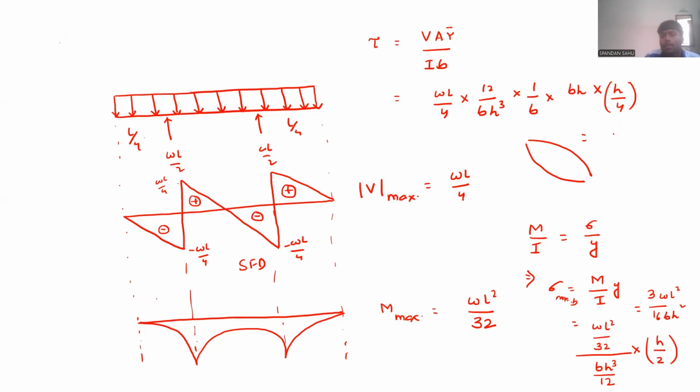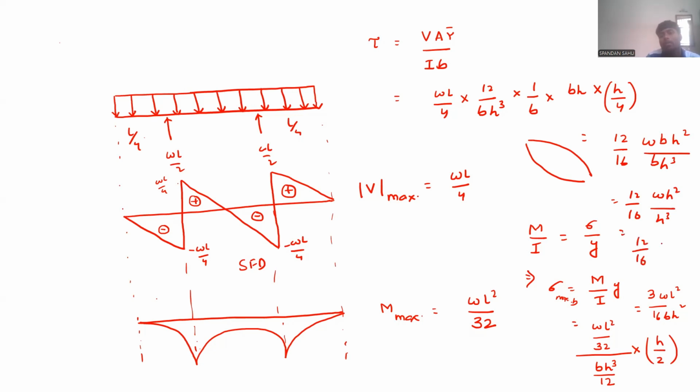Upon simplification, what are we getting? Just simplify it and get me the value. It is coming out to be 12 by 16 W, B H square upon B H cube. So 12 upon 16 W H square by H cube.